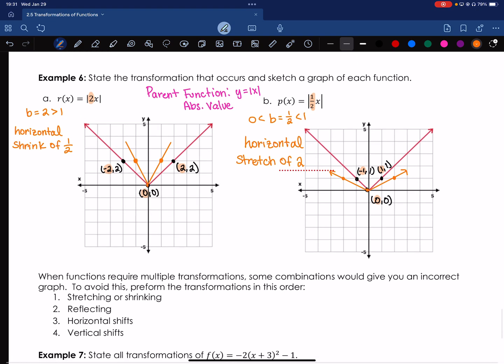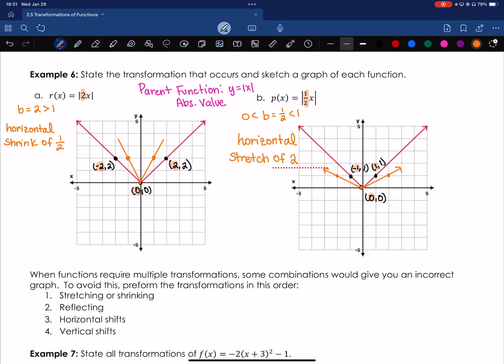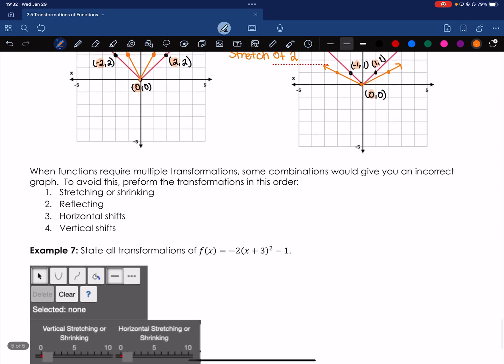Okay, I would not stress about this part too much if you're like, what is going on? It's just really, it's on the inside, so it's acting opposite than what it looks like, just like the horizontal shifts. Okay. When it comes to transformations, you can do these in this order right here: stretching or shrinking, reflecting, horizontal shifts, and vertical shifts.